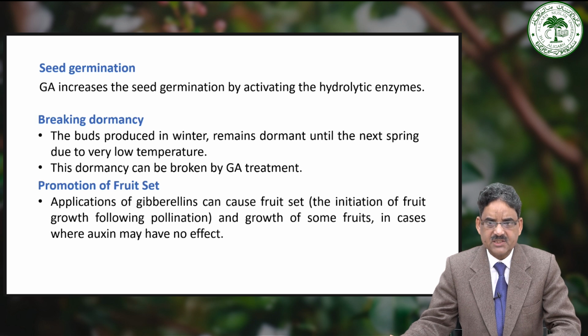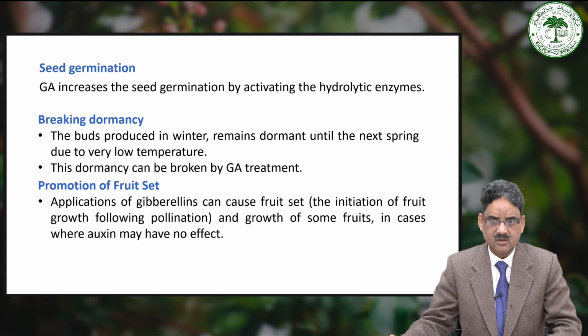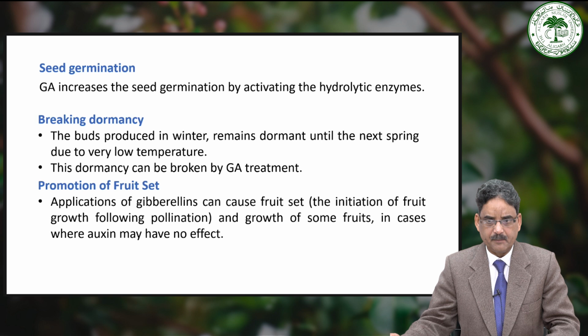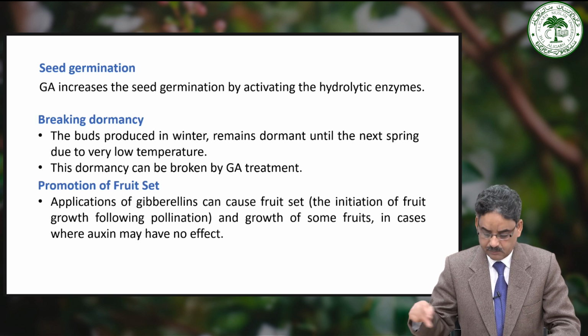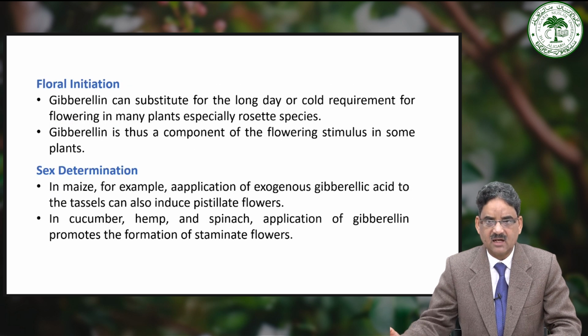Interestingly, application of gibberellins can induce fruit set and stimulate the growth of certain fruits, particularly in a situation where auxin, that is another plant hormone, may not exert a significant effect. One such example where GA stimulated fruit set was observed is in the case of apple.